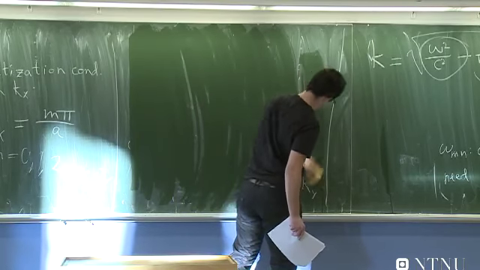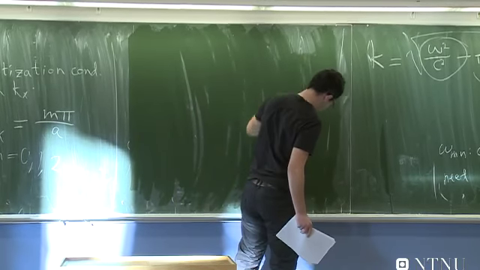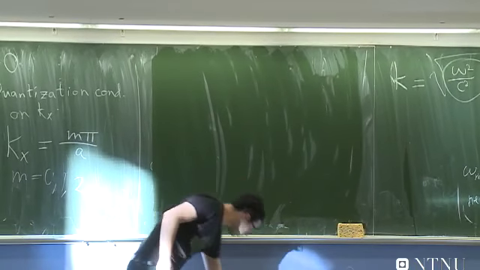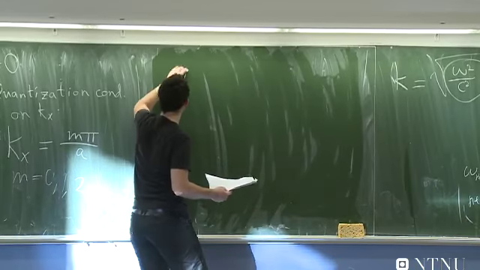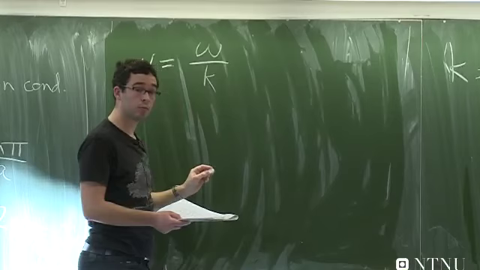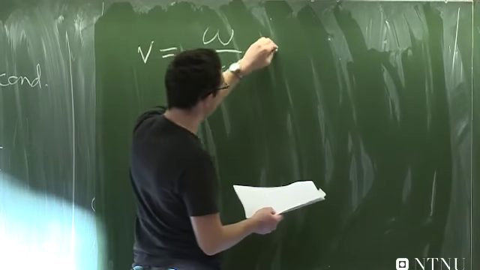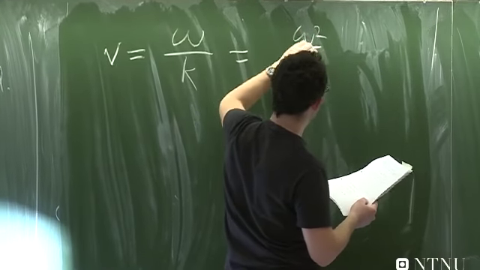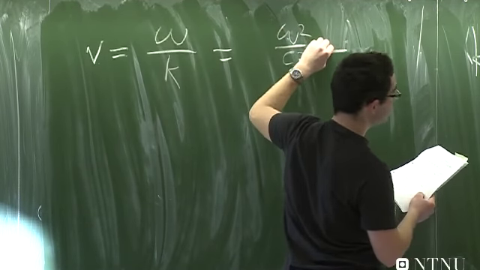So if I write down V, that's just omega over k, right? The phase velocity. I can write that out explicitly.